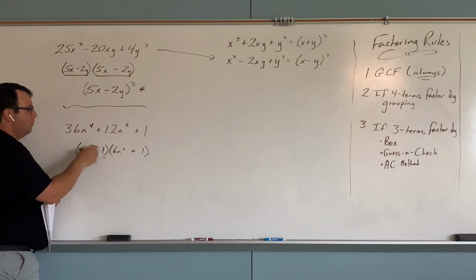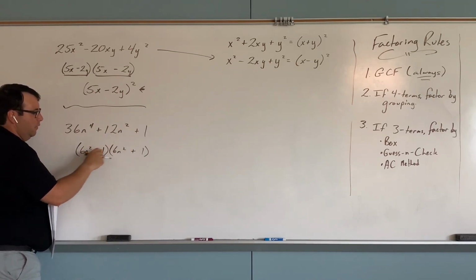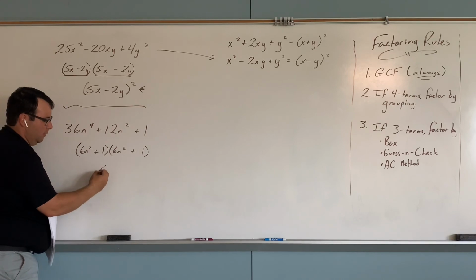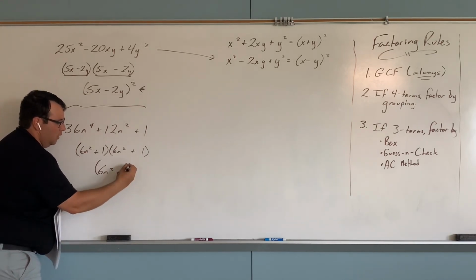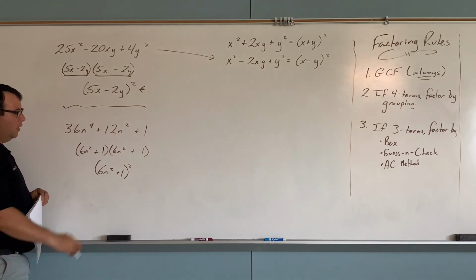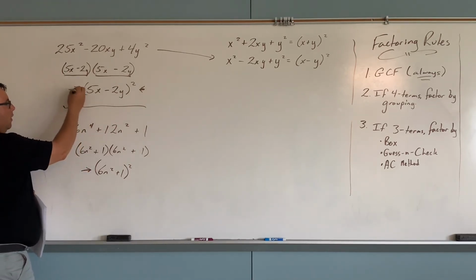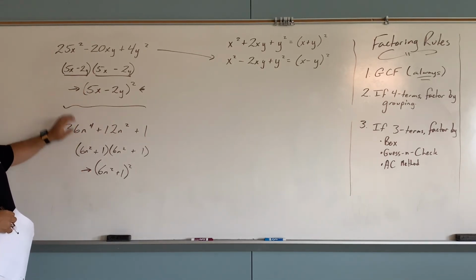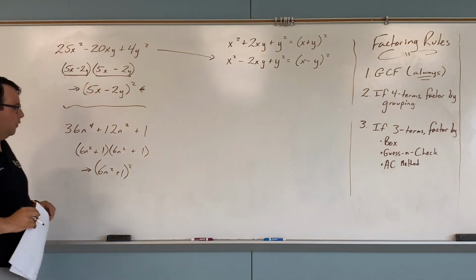Well, I know these multiply out because I've already done that. This gives me 6n squared times 1 is 6n squared, plus another 6n squared. Yeah, that works out. So this is going to be 6n squared plus 1 as a quantity squared. Don't forget to simplify to this last step right here, because what you're looking at is the same binomials, and you have to get that accounted for.